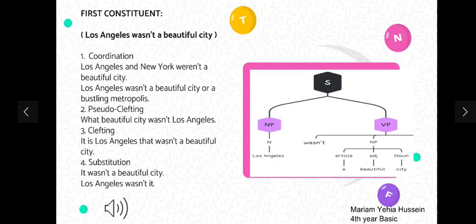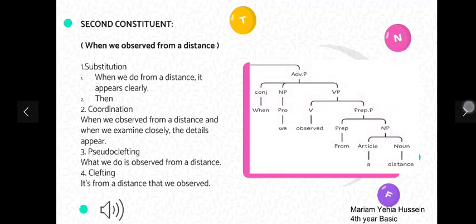So here we replaced the object. Here we have the second constituent: when we observed from a distance. You can practice on this example and you have the answers on each test: substitution, coordination, pseudo-clefting, and clefting.